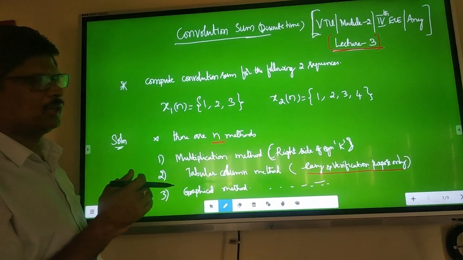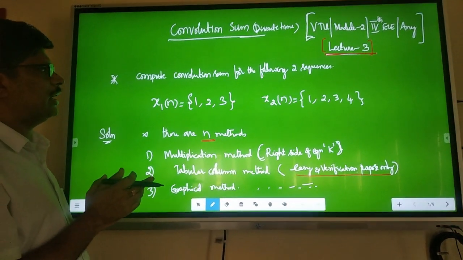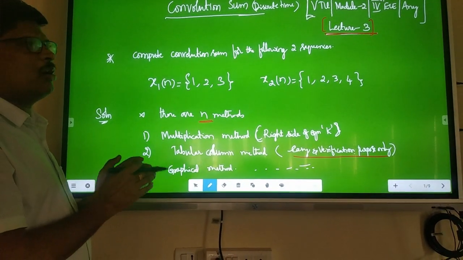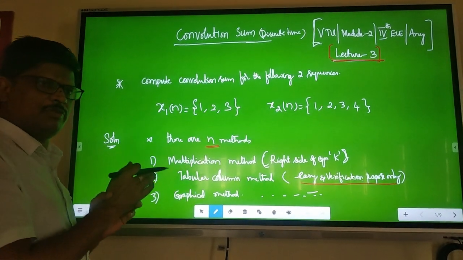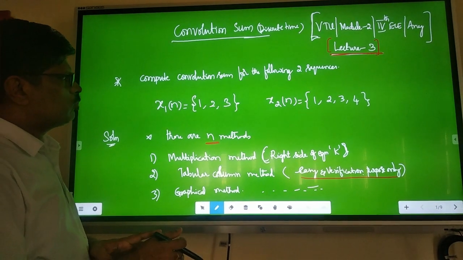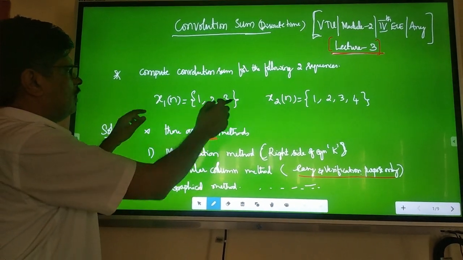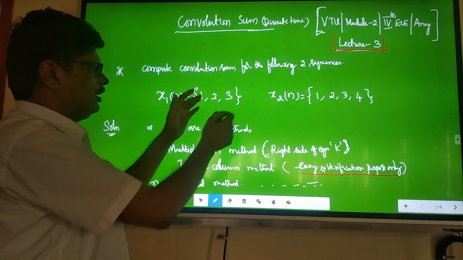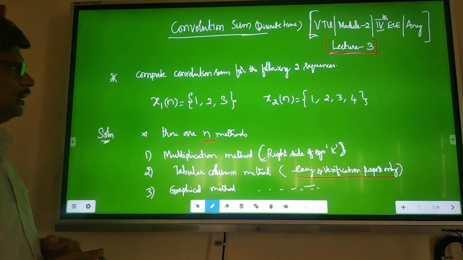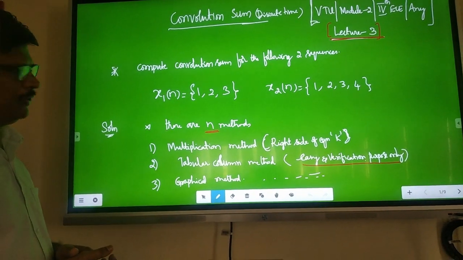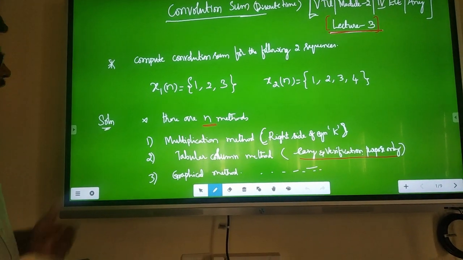We have seen that in the last two sessions. Also, we saw convolution sum, finding the output Y of n if X of n and H of n are given graphically. Today we will see how to get the output Y of n when X1n and X2n are given as numbers.